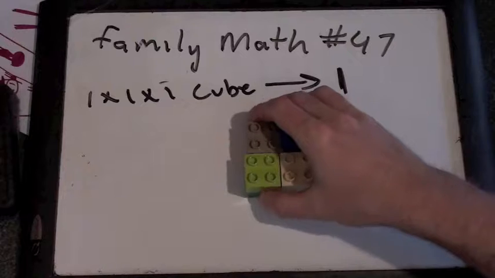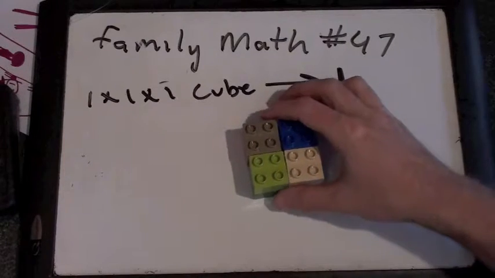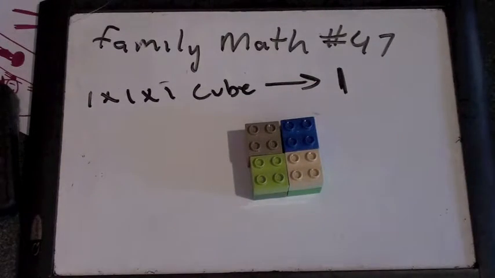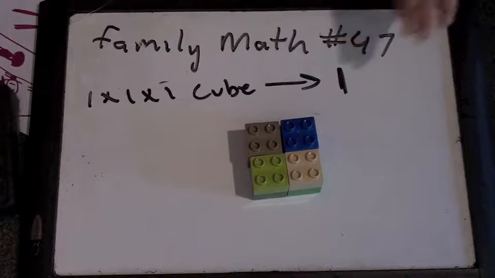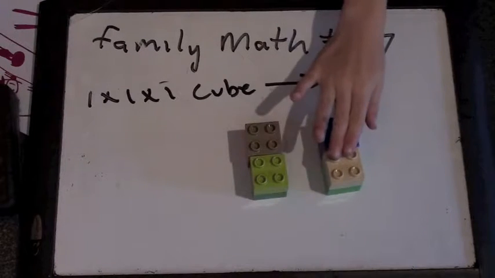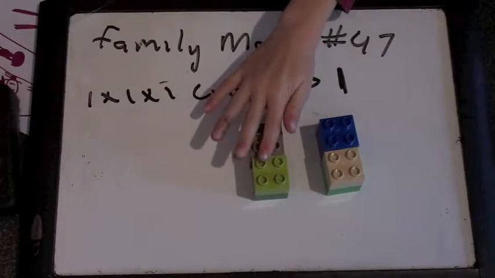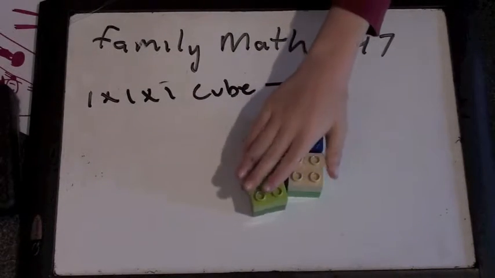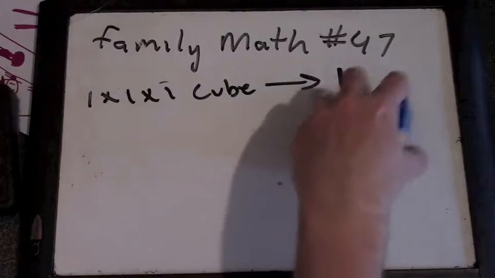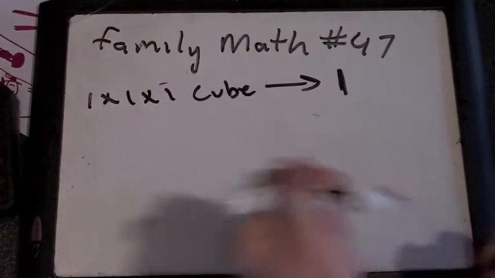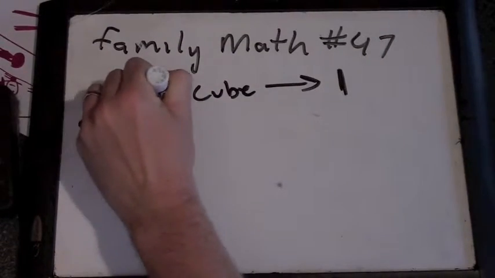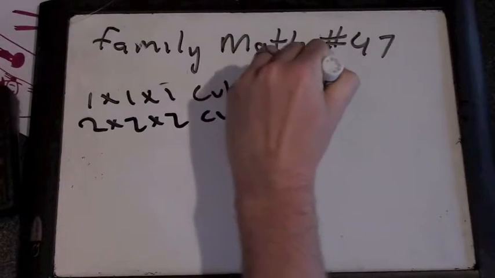Now, how many blocks are in this cube? Can you tell me? Well, there's 4 on this side. Yeah? So there must be 4 on this side, so that there's 8 in total. Okay, great. So a 2 by 2 by 2 cube has 8 blocks.